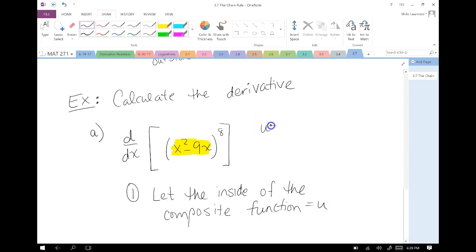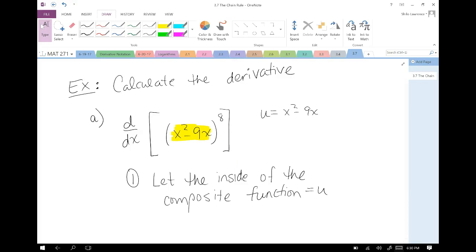So I've got u equals x squared minus 9x. If I do that, then I can rewrite this problem as u to the 8th.